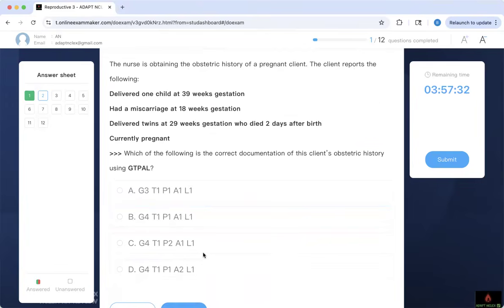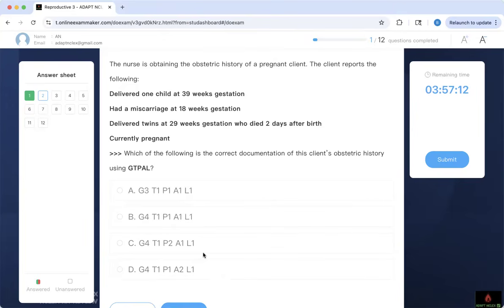Don't run away from this because I know you've got it. A nurse is obtaining an obstetric history of a pregnant client. Some of these questions can be long, especially when they come to GTPAL. Be careful, slow down, underline every keyword, and then translate every statement into a word.